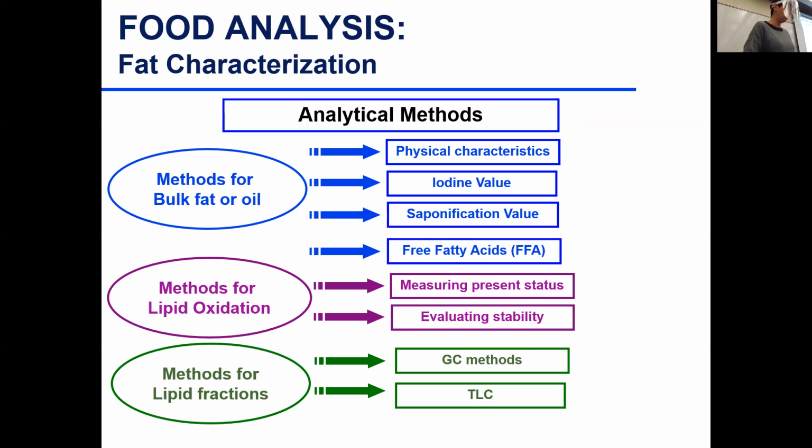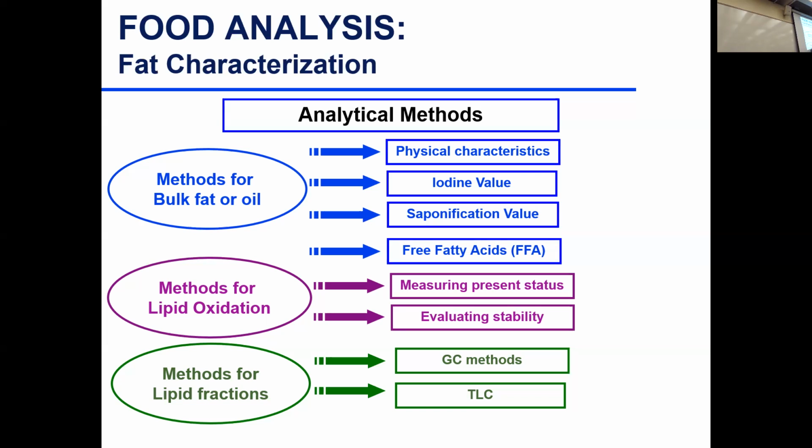So for example, if you have olive oil versus canola oil, you're going to have different saponification values that give you an indication of the average molecular weight of the main fatty acid in these oils. Free fatty acids is used for different purposes: testing refinement of the oil, testing for hydrolytic rancidity, for example.